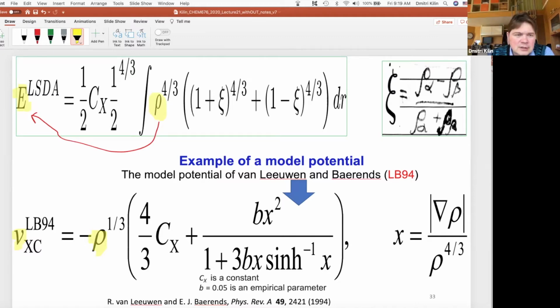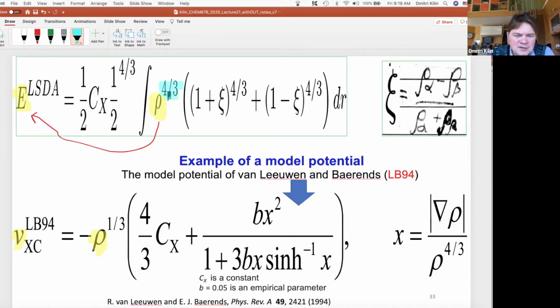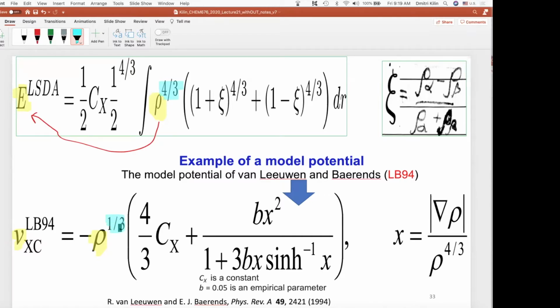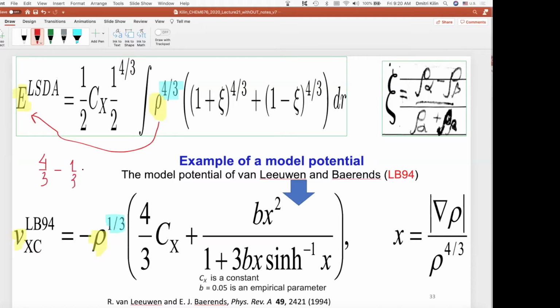But do you see an observation? What's the difference in the power of the density in the upper equation and lower equation? So what will be the subtraction of these powers? If one tries to take 4/3 minus 1/3, 1. Okay.